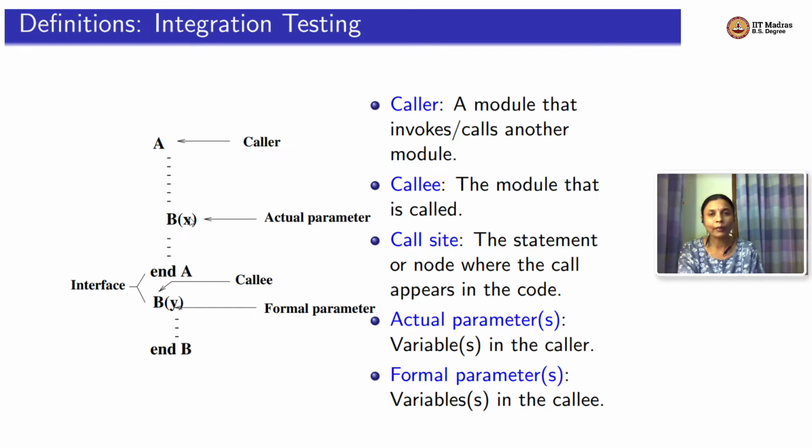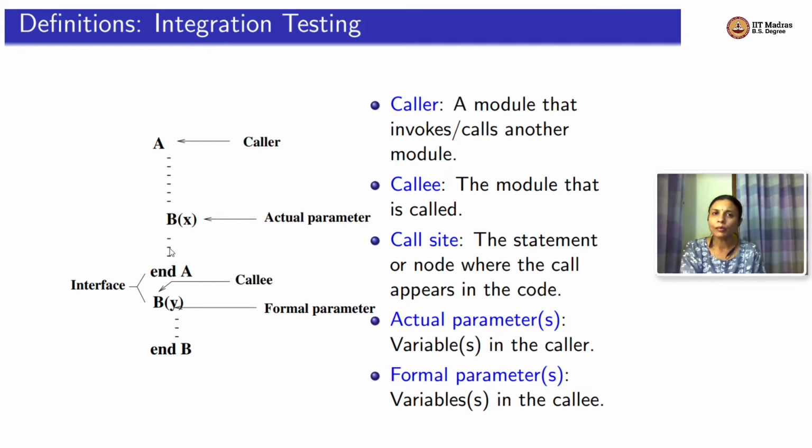In terms of program execution, control now transfers to B through the call interface. X gets passed as Y. The code for B executes, and when B ends, control gets passed back to A, and A resumes its execution from the next statement after the call to B.